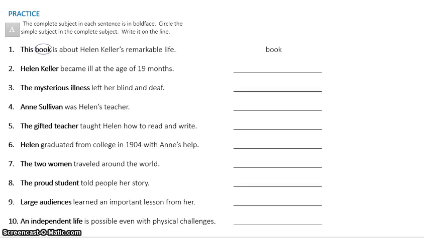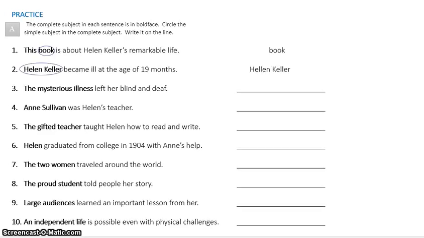Well, we just talked about how if it's a name, then you take that name as one thing. So, are there any other words in the complete subject besides Helen Keller? Well, no. So, in that case, the complete subject and the simple subject are going to be the exact same thing. So, you need to circle Helen Keller in purple and then write it on the line.